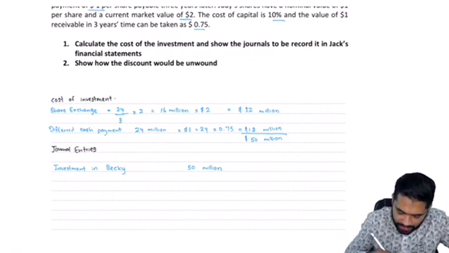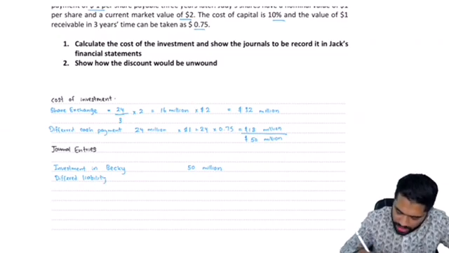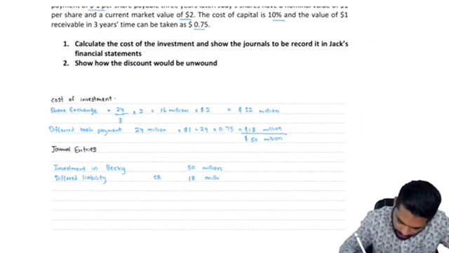Then you have the deferred liability. So your deferred liability will get credited by 18 million. Investment is an asset, so you will have to debit it.